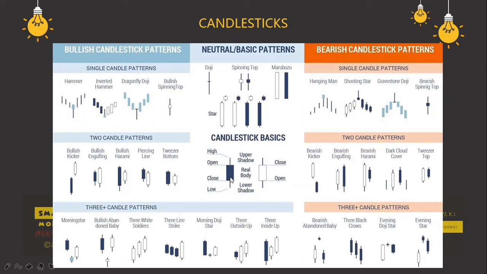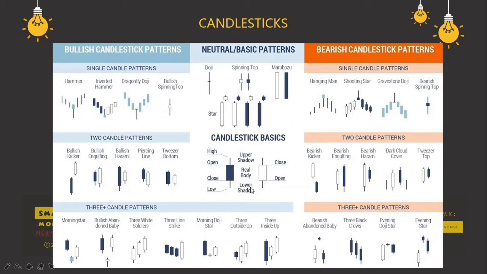What do I mean by that? Let's say for example, price opened at 2, an arbitrary number. Price opened at 2 and price now closed at 1. Of course, 1 is lower than 2. So price started at 2 and came down to get to 1. That means price closed lower than it opened. So that is a bearish candlestick.